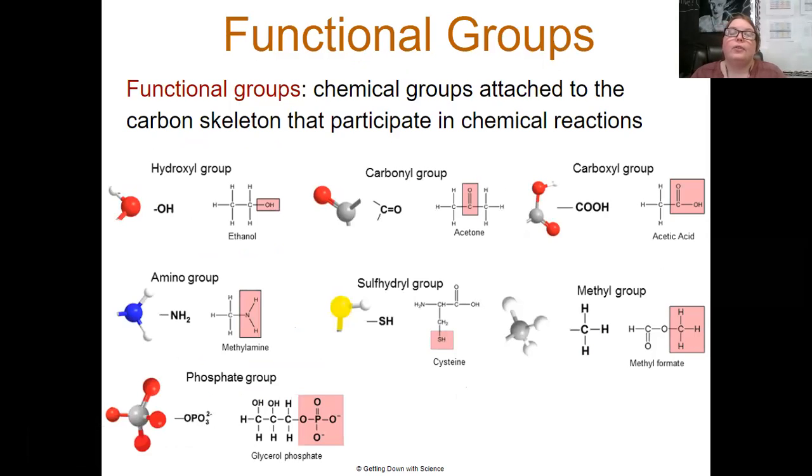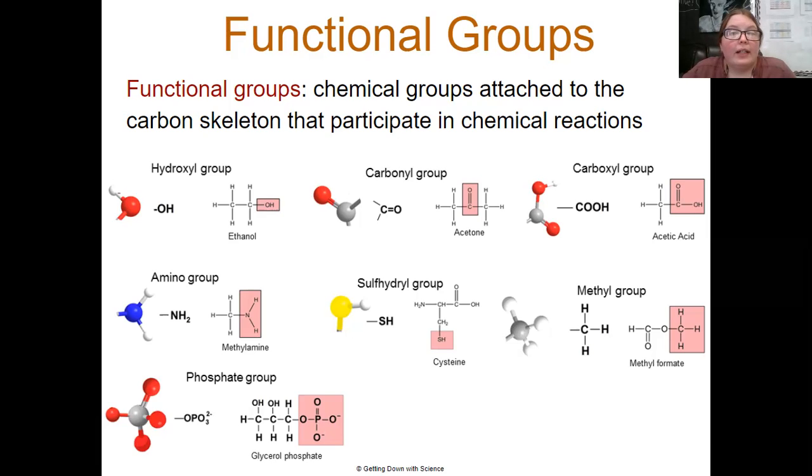Okay, functional groups. I am telling you right now, this is going to be on your test. I'm going to ask you about some of these. Some of them are more common than others. The sulfhydryl group we don't see nearly as often in biology. The carboxyl group is going to be really important. That COOH often denotes an acid.